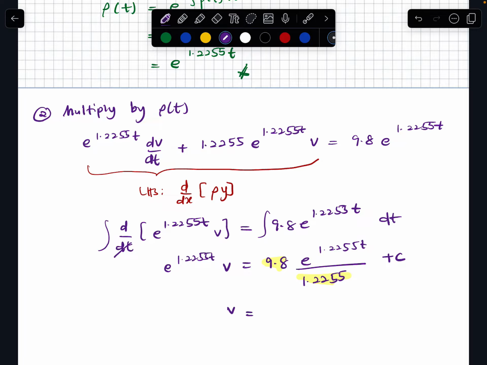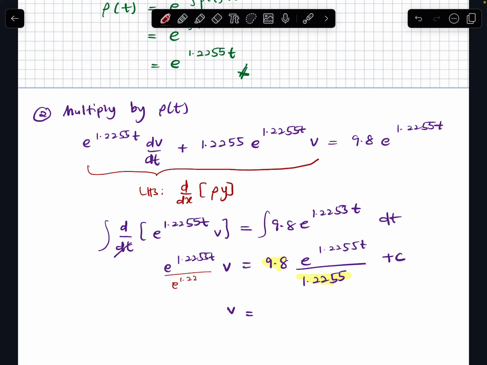And then this part is cancelled, where we divide everything by e to the 1.2255t.